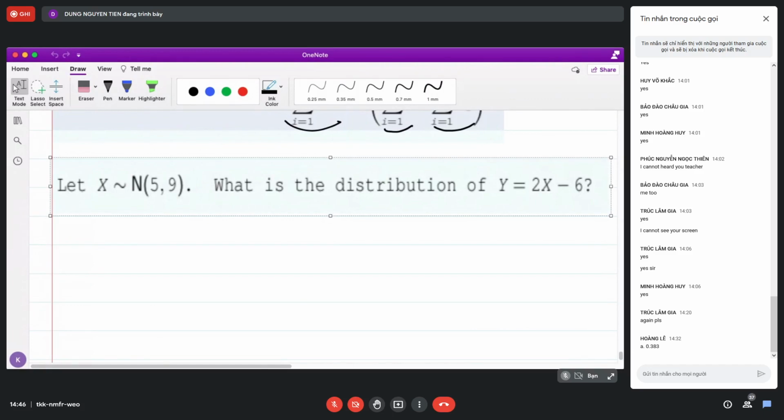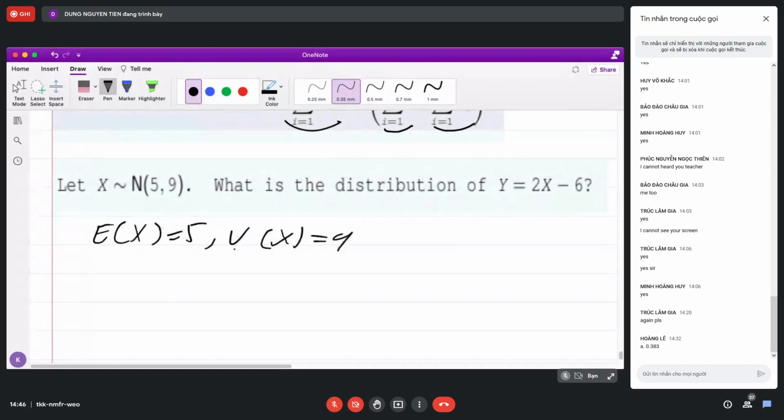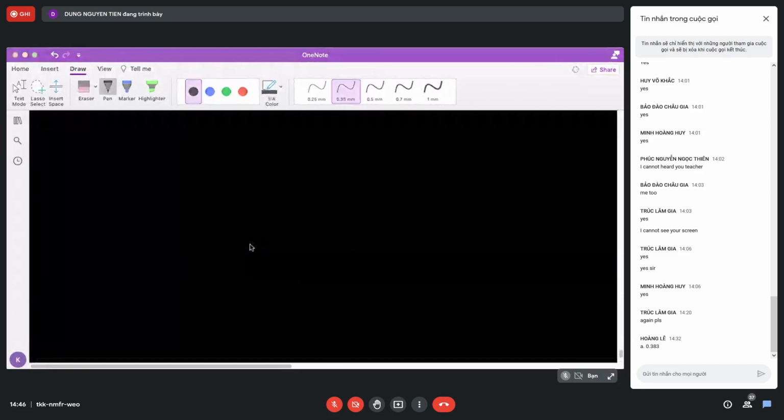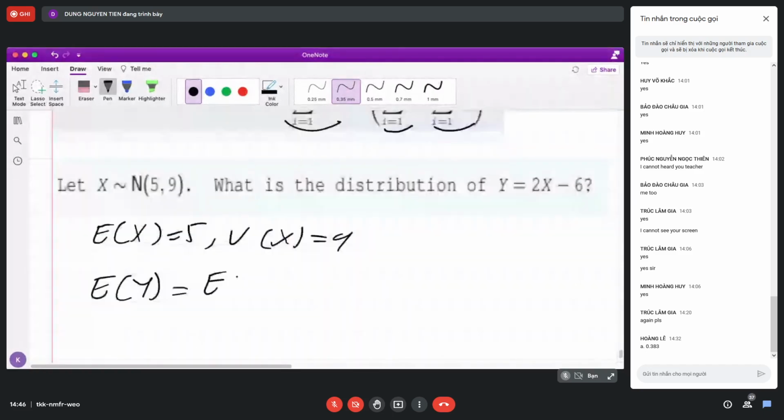Well, in this case, you can see that the mean of X is 5, the variance of X is 9. Then I can conclude that the mean of Y is 2 times the mean of X minus 6. And it gets 2 times 5 minus 6, and you get 4.